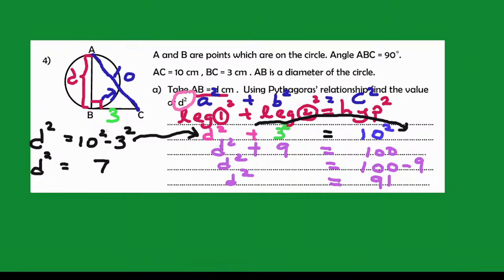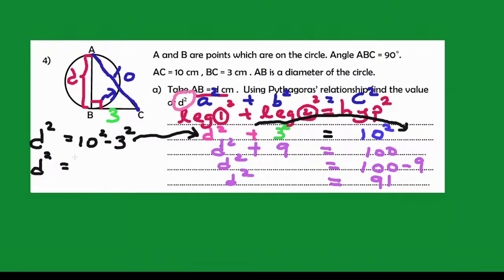What is 10 squared minus 3 squared? One way to find out is 10 squared is 100, 3 squared is 9, so d squared is 91. Or if you want to do something fancy, you can apply your knowledge of factoring difference of squares.